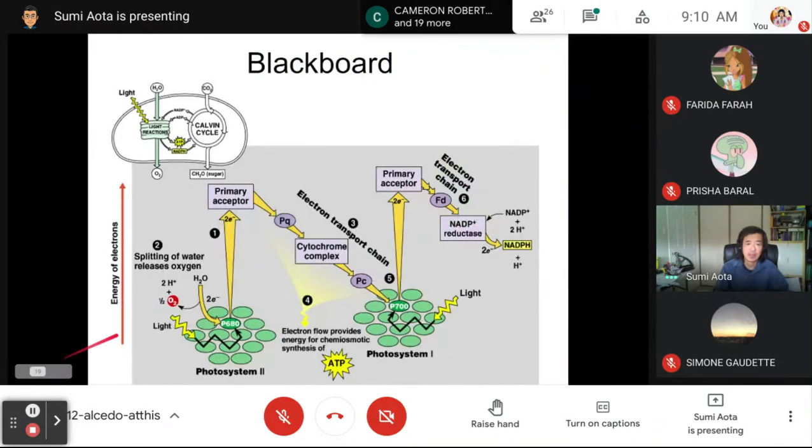Here, okay? Electrons enter here from water, and they leave here in NADPH, okay? So in this system, electrons come in at one point, and they leave at the other end.